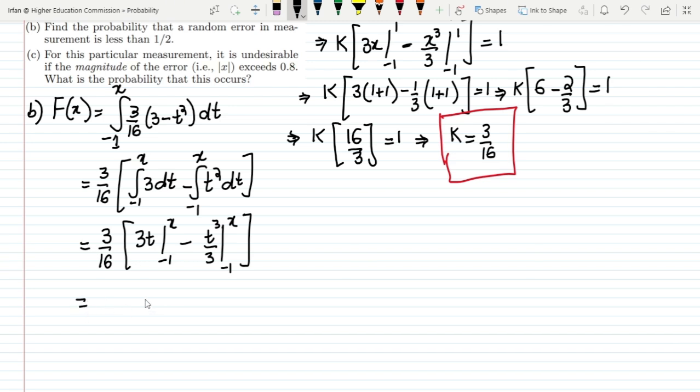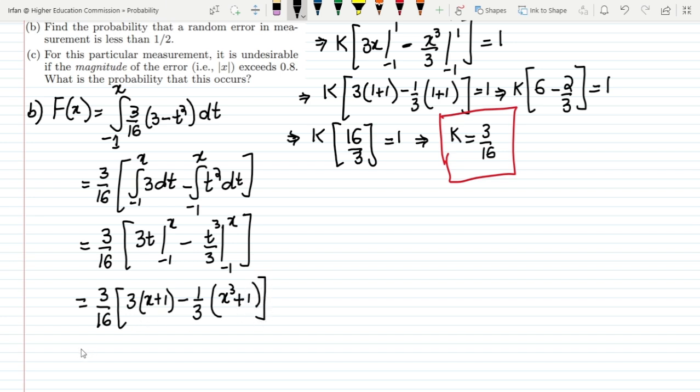Simplifying it, at the end I will get 3 by 16 times (3 times (x plus 1), because x and minus 1 will give plus 1, and similarly minus 1 by 3 times (x cube plus 1)).